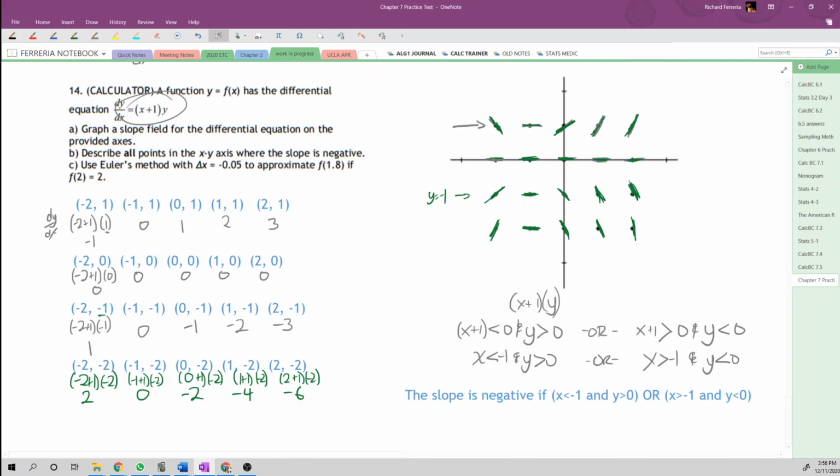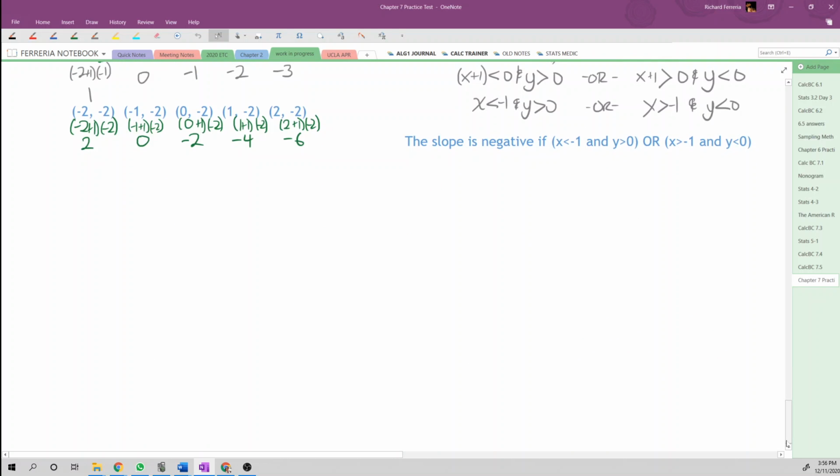And we're supposed to use Euler's method with delta x equals negative 0.05 to approximate f of 1 if f of 2 is equal to 2. So there is a process for this, and we'll go ahead and write it down. The process for Euler's method is to start with x naught and y naught. Then we calculate delta x.